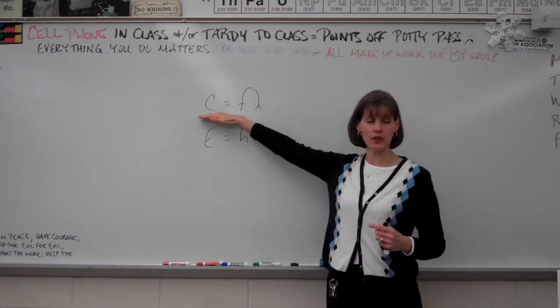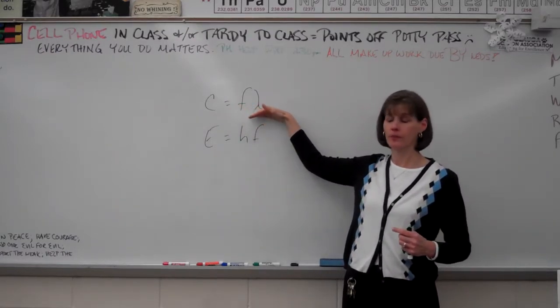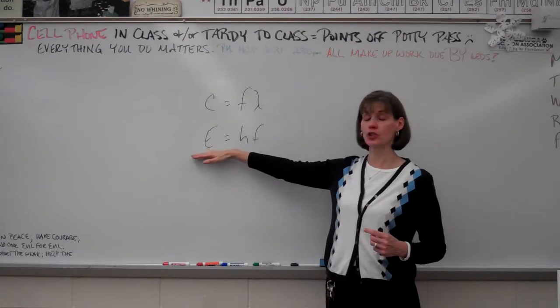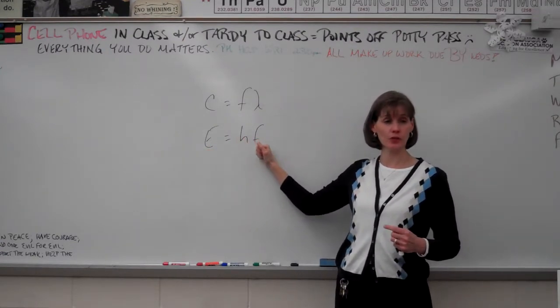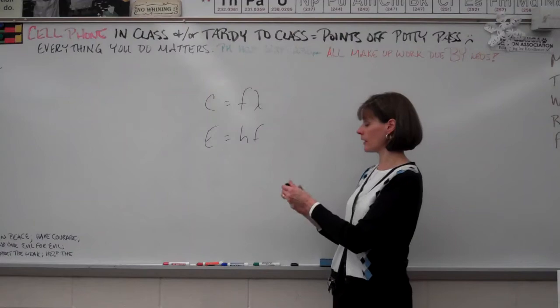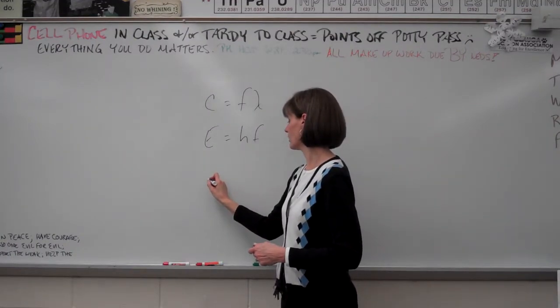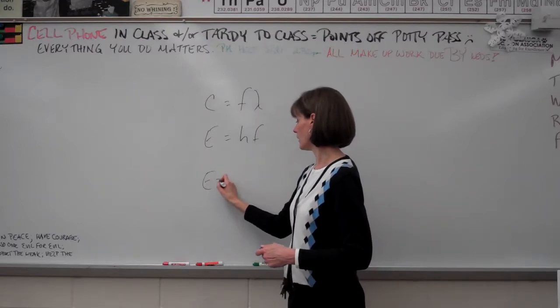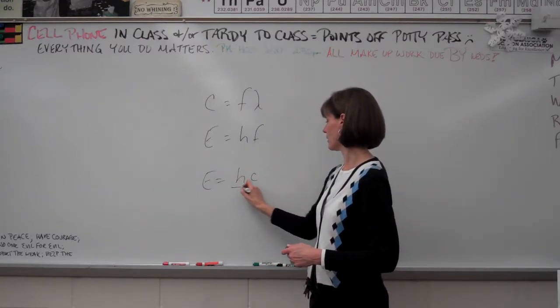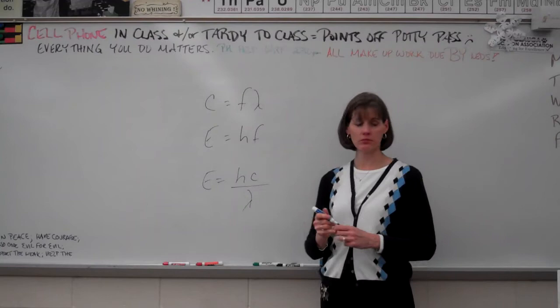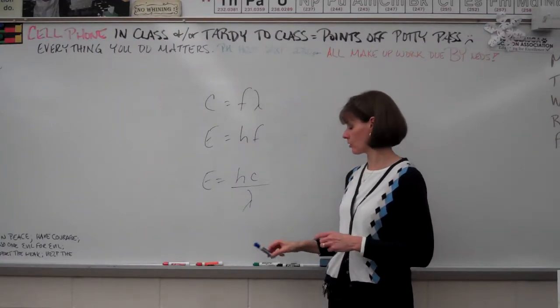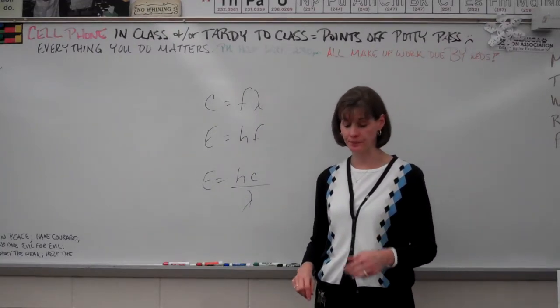So the top one, the speed of light, is frequency times wavelength. And the second one, energy, is Planck's constant times frequency. He's the one that blended that all together into E equals HC over lambda, that you guys were trying to use in your quantum ladder worksheet. Okay?